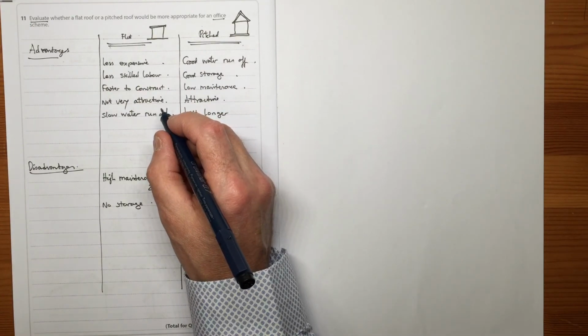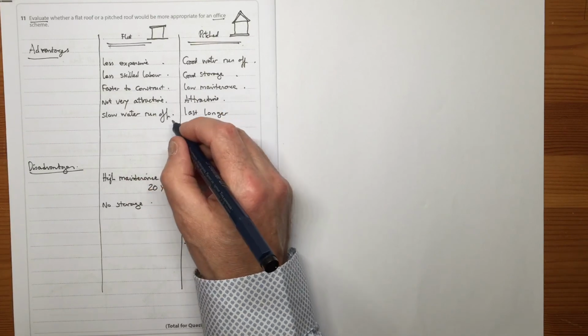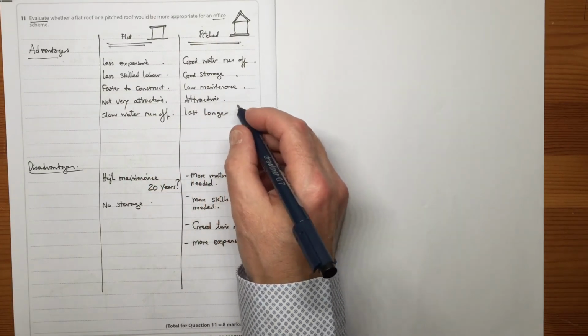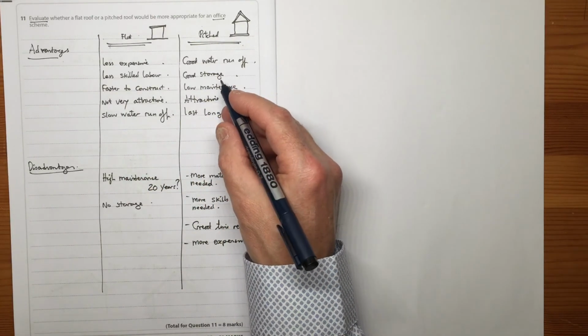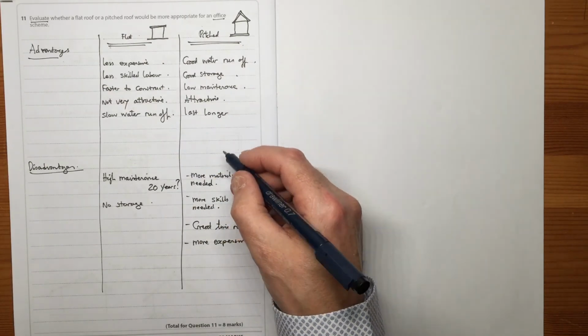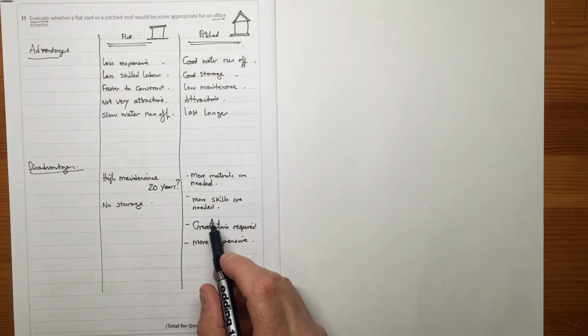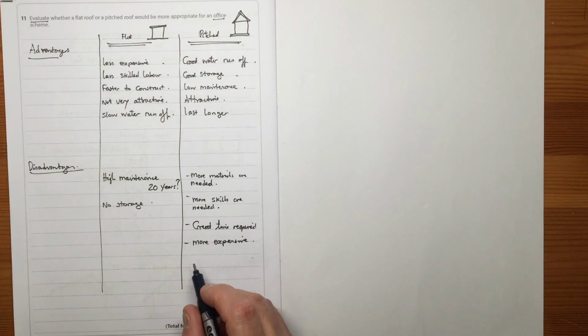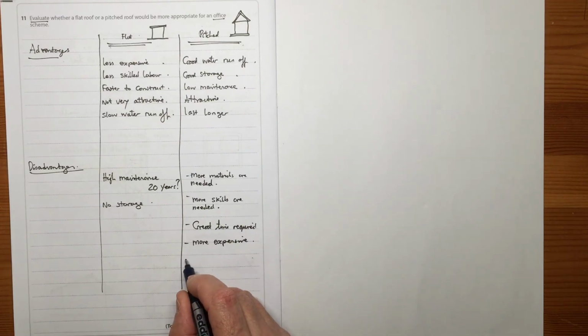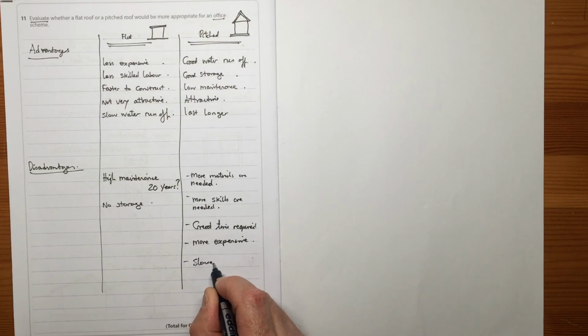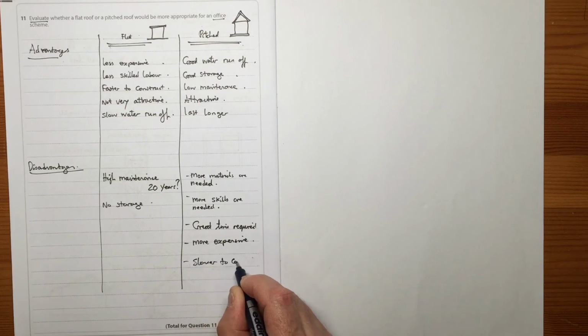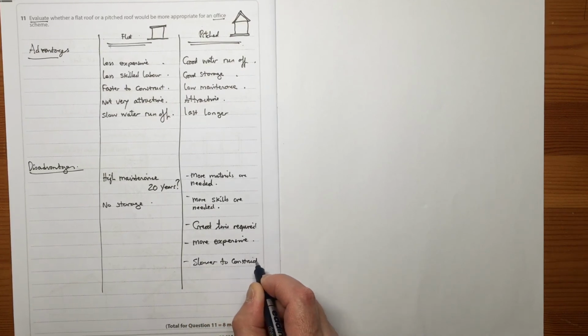What else? I think that's covered it quite well. Have we got slow to construct? Negative. Slow to construct. Can be so. Yeah. Slower to construct.